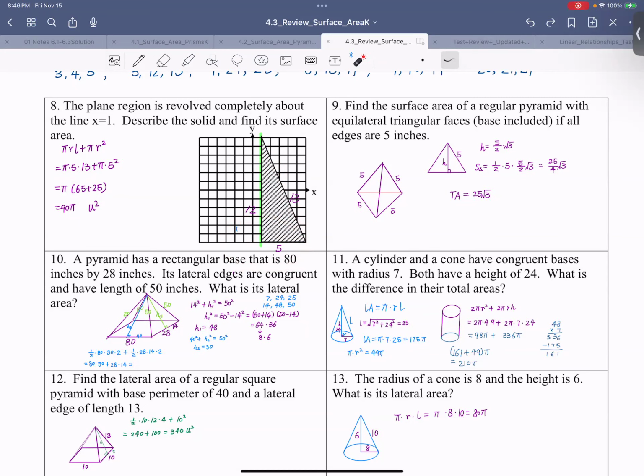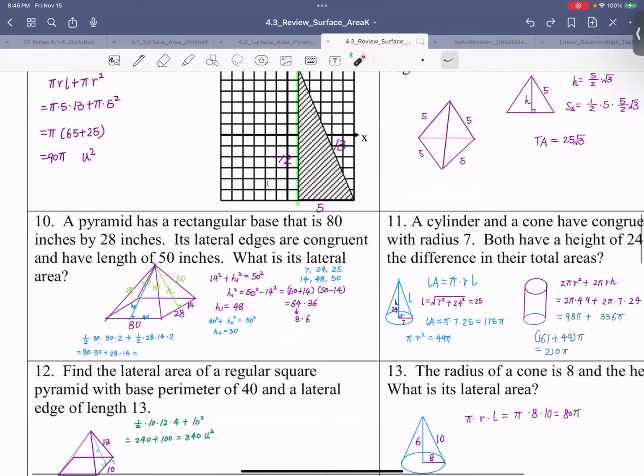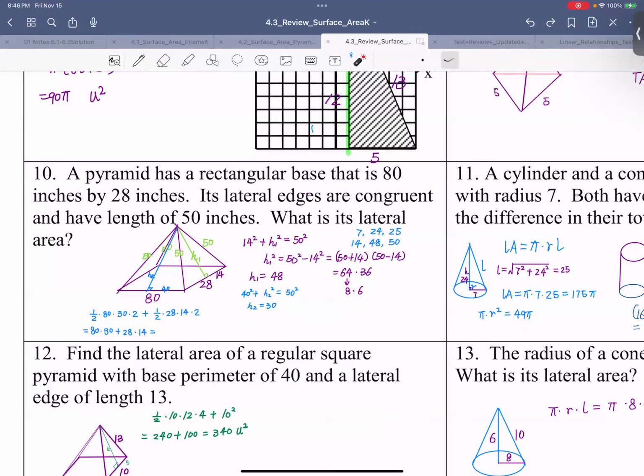Next one, number 10. First, draw it. Draw this rectangular-based pyramid. A pyramid is not a prism. A pyramid has a small dot on the top. So draw this thing first.